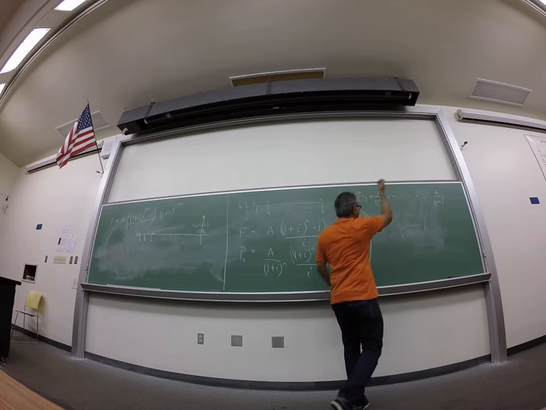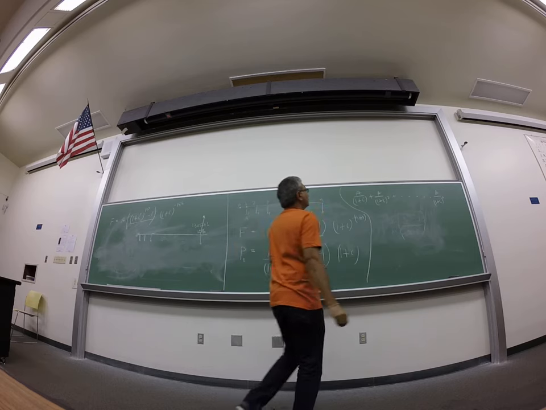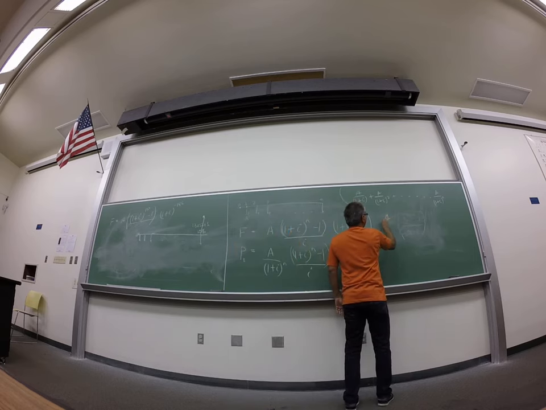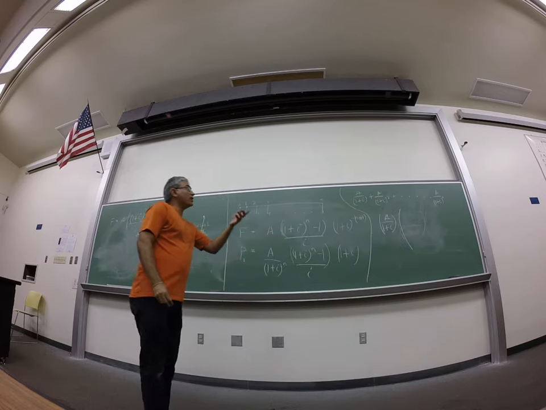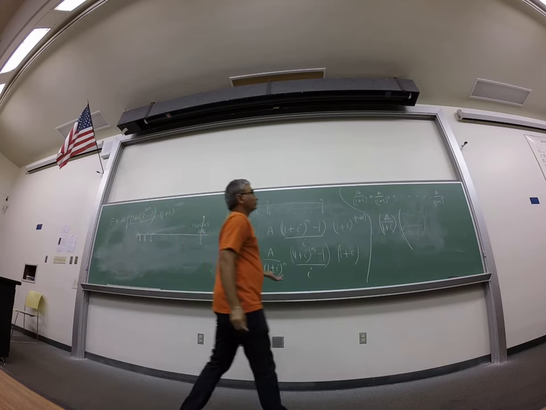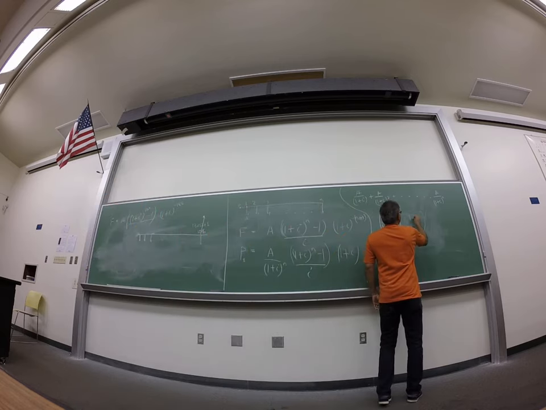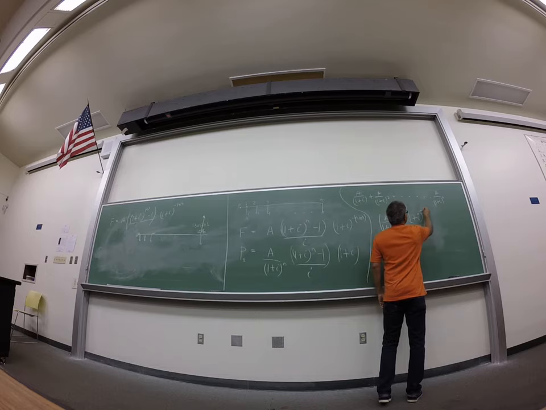Let's just write it as, what's the first term? A over 1 plus i. So b is the first term. Then r is the ratio of any two successive terms. What is that? 1 plus i to the negative 1.